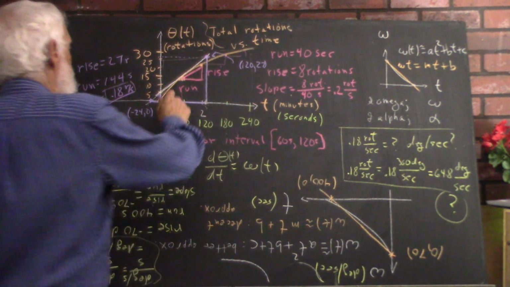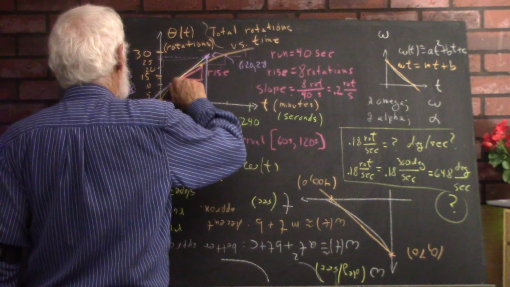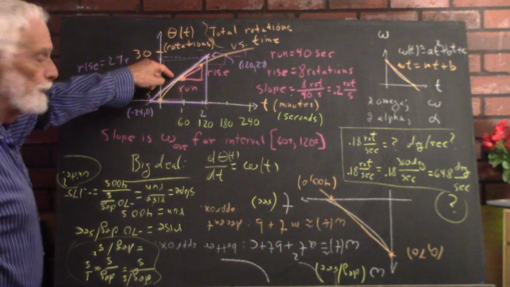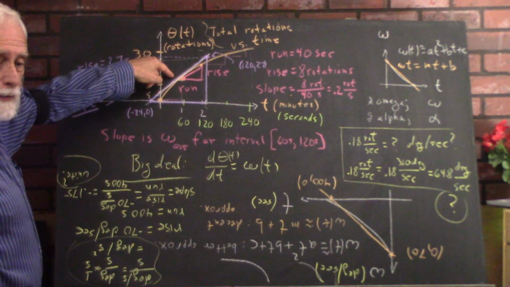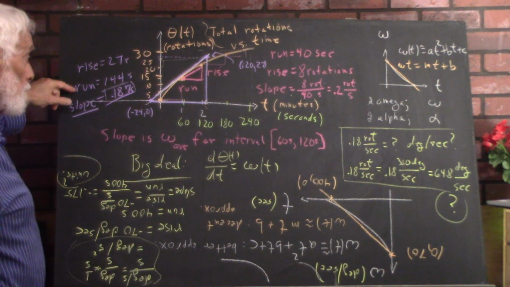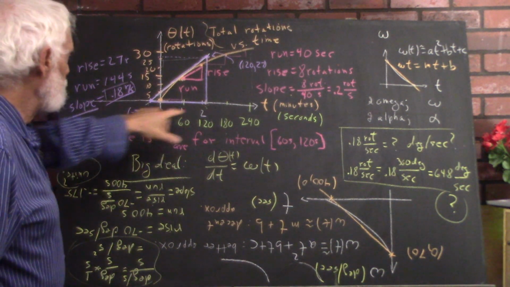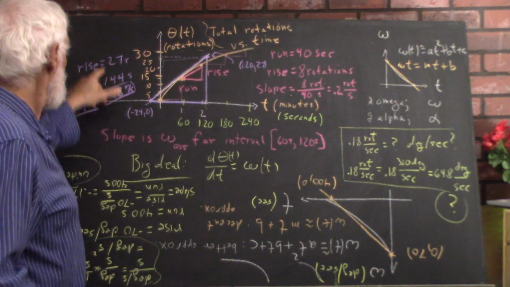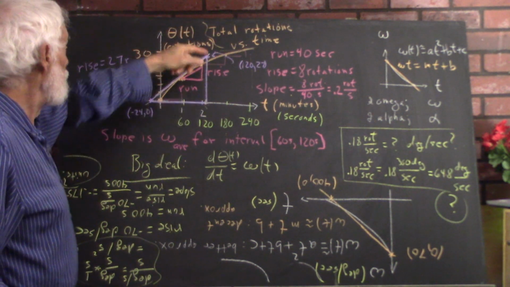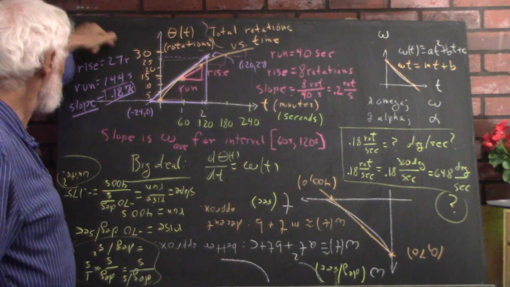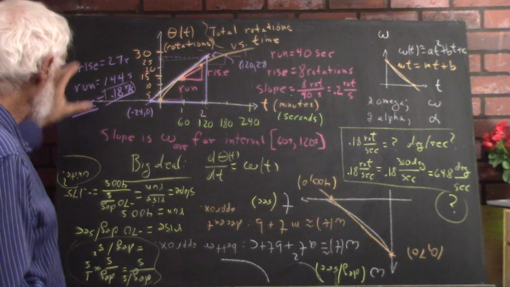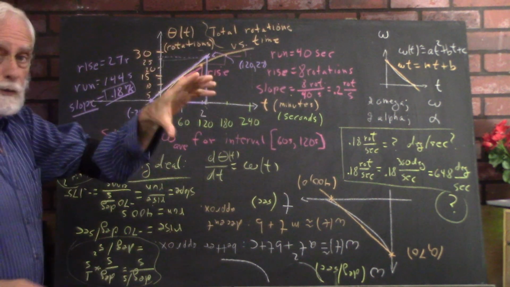Right here is a fundamental triangle that allows us to predict the actual angular velocity at this point. Well, we take the rise divided by the run. It's very clear that the run from negative 24 to 120 seconds is 144 seconds. That the rise is from 0 all the way up to 27 rotations, 27 R standing for rotation, again, space limitations, and having to write big so that Zoom would make it.